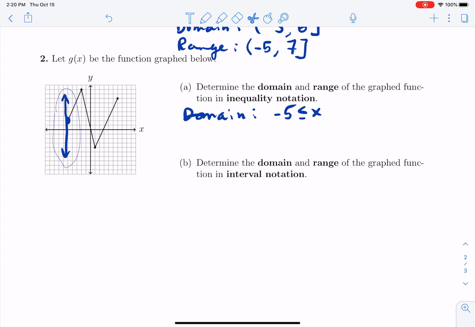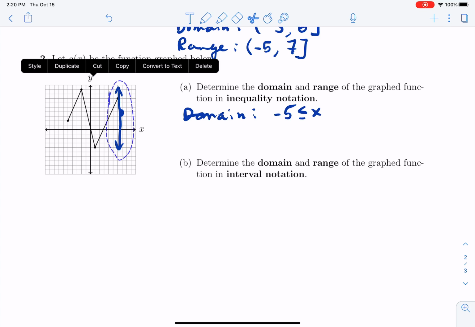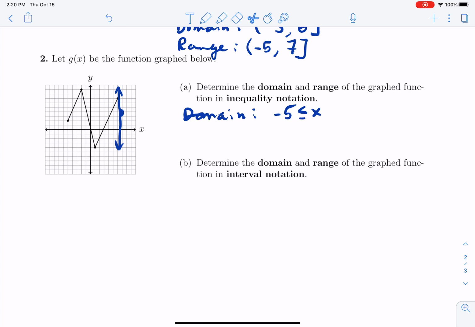For my highest x value, going along the function, I see it's here. So it's also included, because there's a filled-in dot, so x is less than or equal to 7.